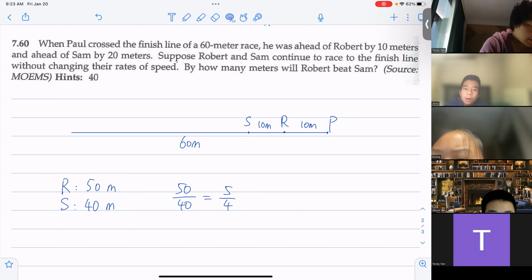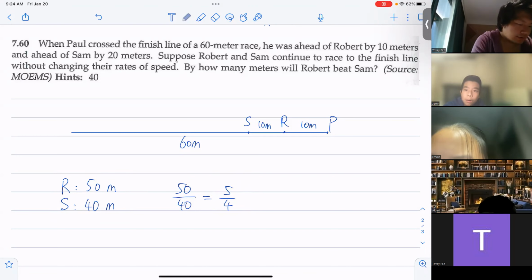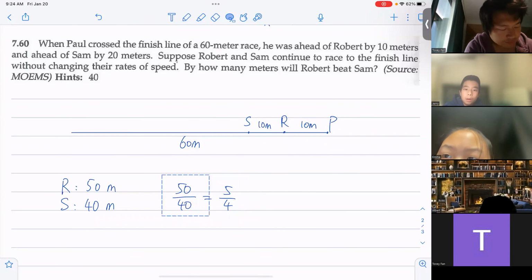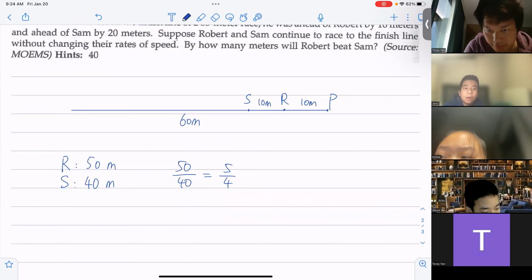What does this mean? This means that for every 4 meters Sam runs, Robert is going to run 5 meters. Because their speed never changes, the ratio tells us that whenever Sam runs 4 meters, Robert runs 5 meters.